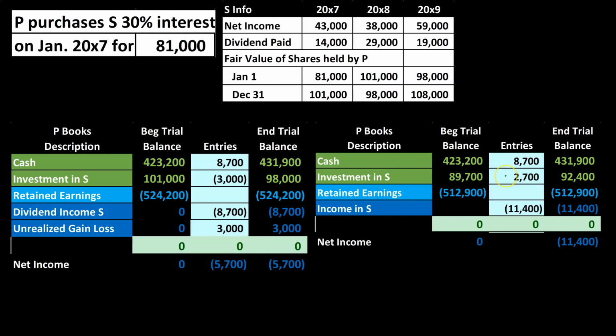Whereas in the equity method, we were at the 89,700. We're going to recognize the income related to our 30% of the revenue. And then that went up. So that meant that the investment went up by that 11,400, and then it went back down by the amount of dividend that was given to us. So in the equity method, you got this nice, kind of up increase. Why?